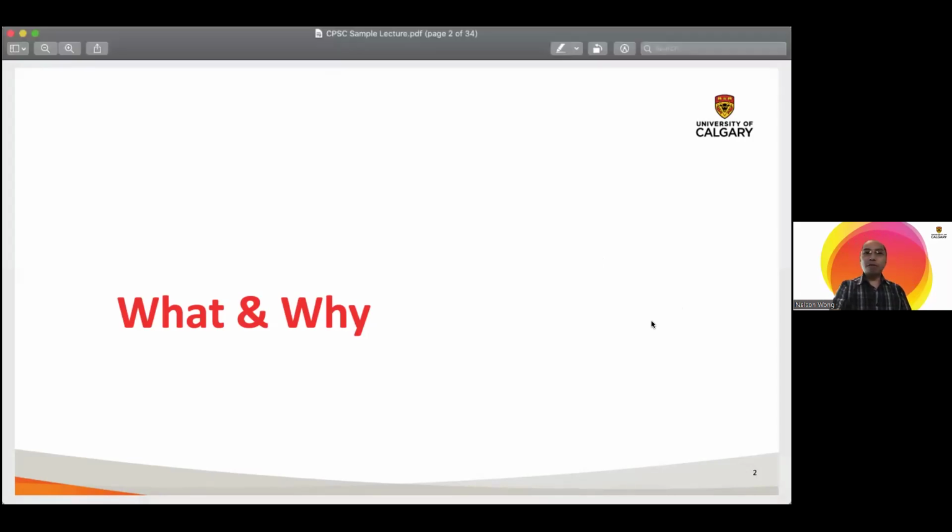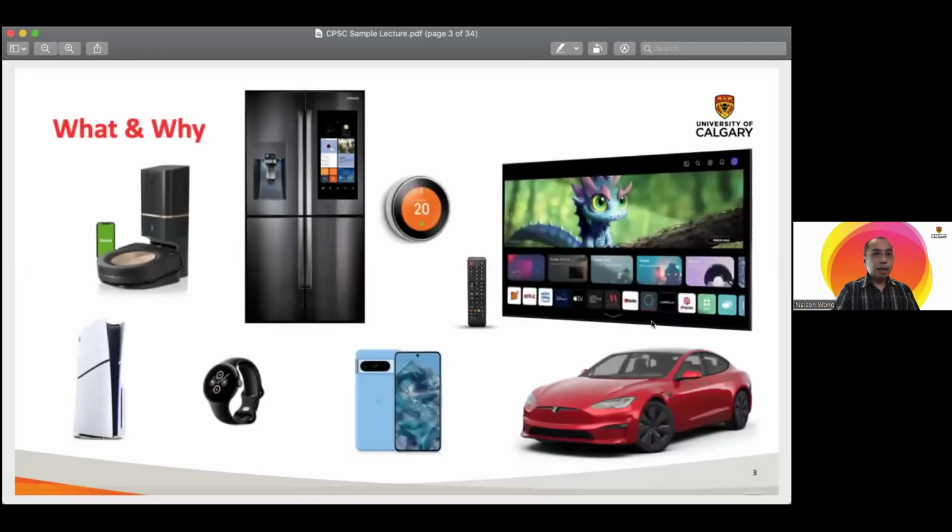Let me show you some common things around us where computer science plays an important part in how they work: a fridge, thermostat, your TV, robot vacuum, game console, smartwatch, cell phone, car. These are the kinds of things, and many others, that have computer science in them.